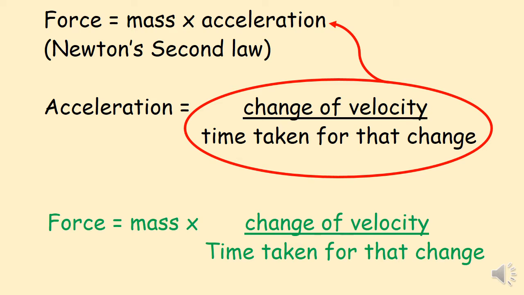You may well have done this when solving simultaneous equations in maths, for example. So if force is mass times acceleration and acceleration is change of velocity divided by the time, then in the first equation you can insert change of velocity divided by the time taken. And that will give you force equals mass times the change of velocity divided by the time taken for that change.